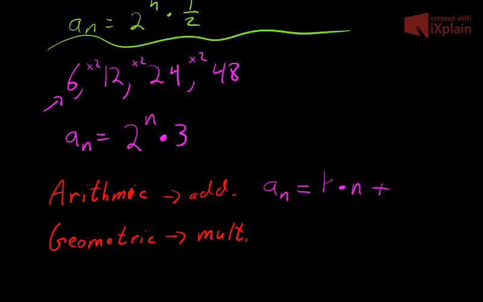We're going to do k times n plus c, whereas geometric formulas have a sub n equals k to the power of n times c. And that's kind of the generic formula that we want to look for, where this is how much we add every time for arithmetic, and this is how much we multiply every time by geometric, and then the c is just what we use to fix it, to get it where it needs to go.